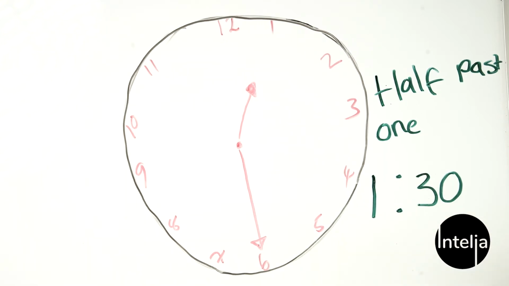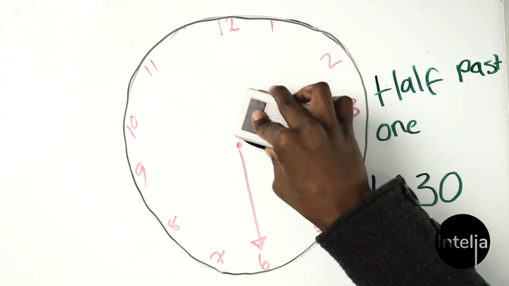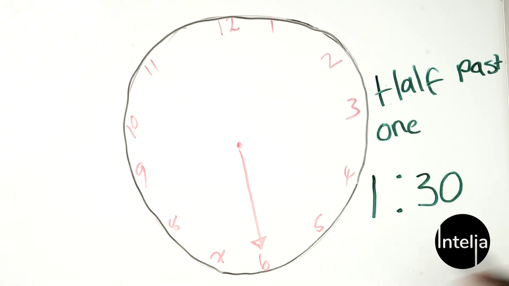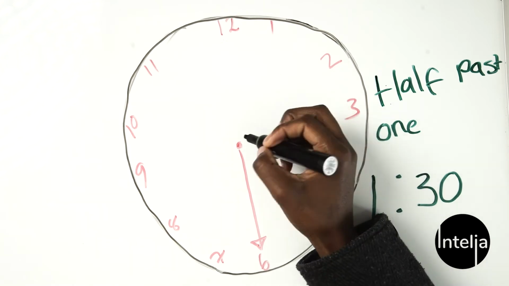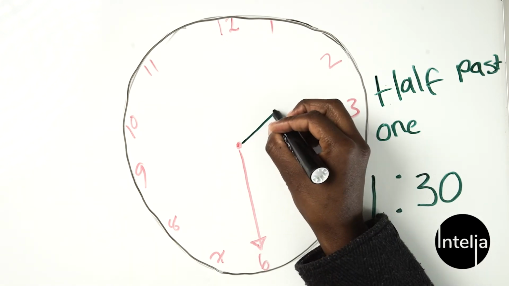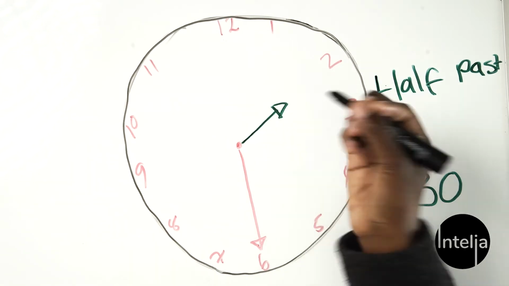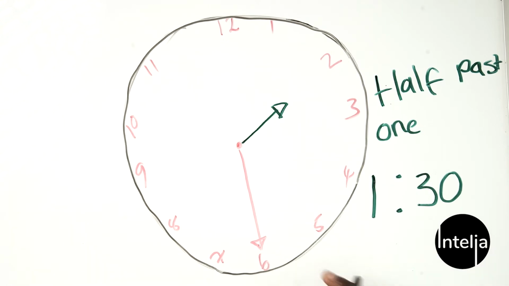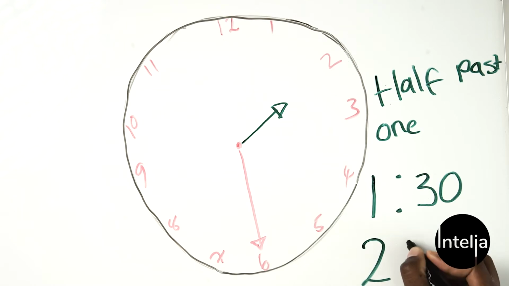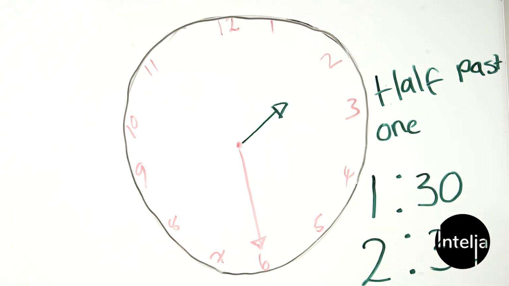And then let's do another example. Then it's pointing at 2 here. So it's now 2:30. Then you write it like this: 2 and then the dots between. Always put these 2 dots here. 2:30. And then another example.